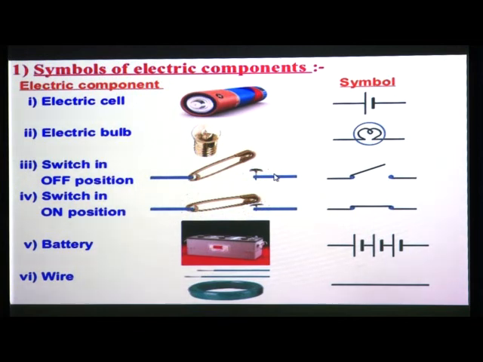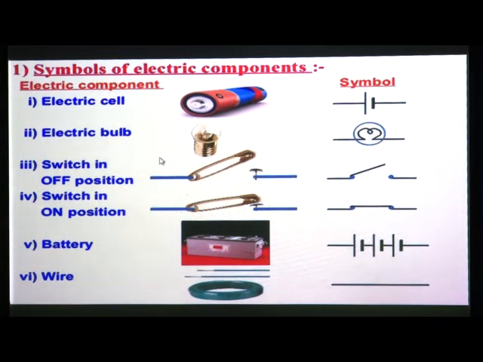Some of you who want to be an electric or electronic engineer should learn these symbols by heart. You have to read this properly, see this properly, and remember it properly.